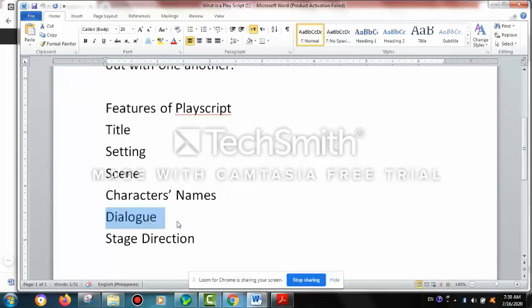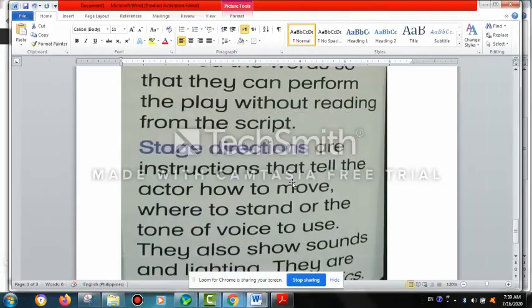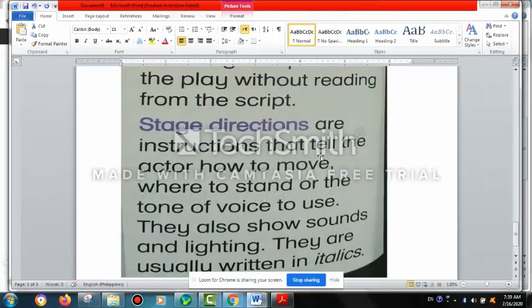All you have to do is write whatever the characters are speaking in the story, or their speech in the story. Stage directions are the instructions that tell the actor how to move, where to stand, or the tone of voice to use. They also show sounds and lighting. They're usually written in italics.